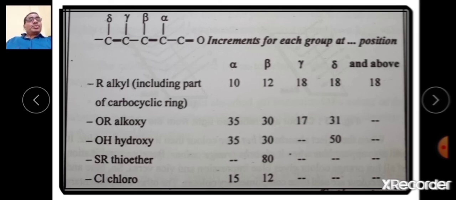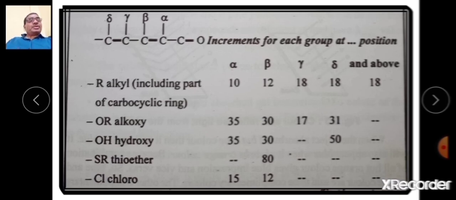When an alkoxy group is present at alpha position, add 35; on beta position, add 30; on gamma position, add 17; and on delta position, add 31 nanometer to the base value. When a hydroxy group is present on alpha position, add 35 nanometer; on the beta position, add 30 nanometer; and on the delta position, add 50 nanometer to the base value.